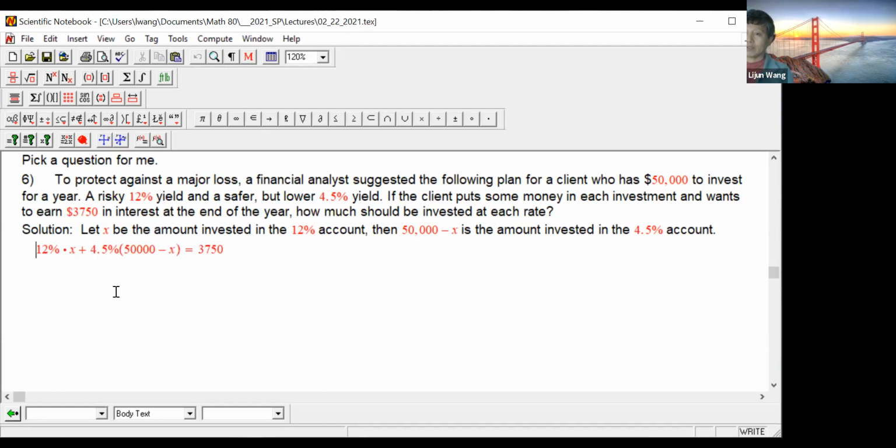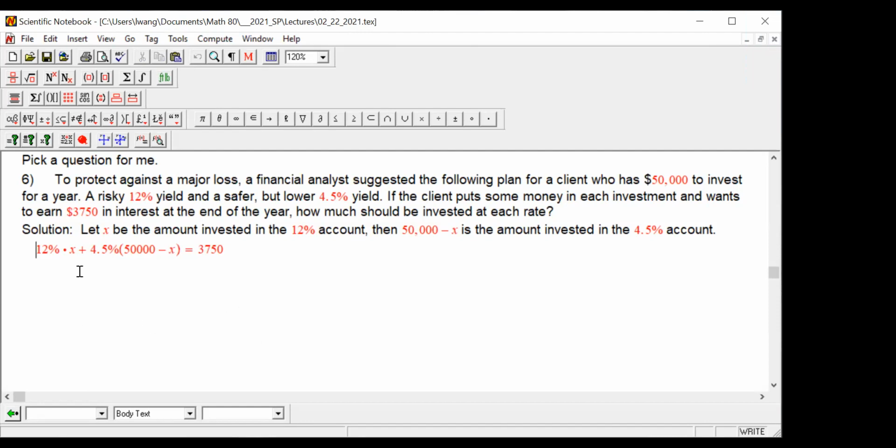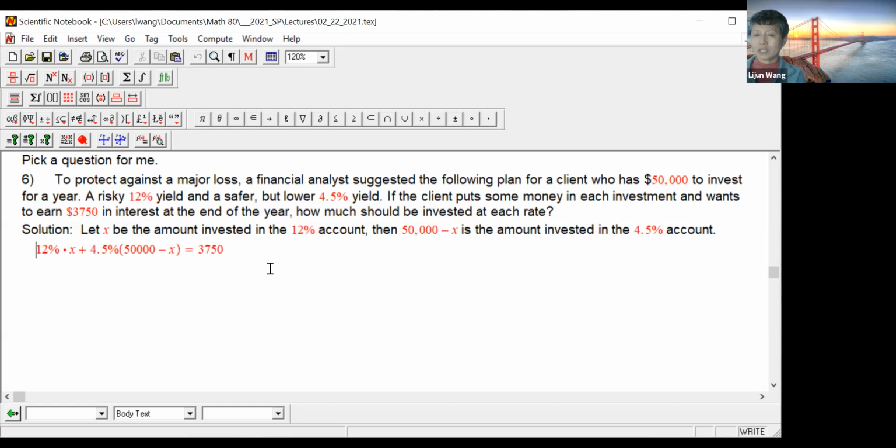So let's see what we get for solving the equation. Do you want to solve the equation yourself? Yes. All right. Did you get the equation? You can see there are different ways to set it up. The main thing you need to understand is that when you multiply the percentage with its particular principal, you get the interest.